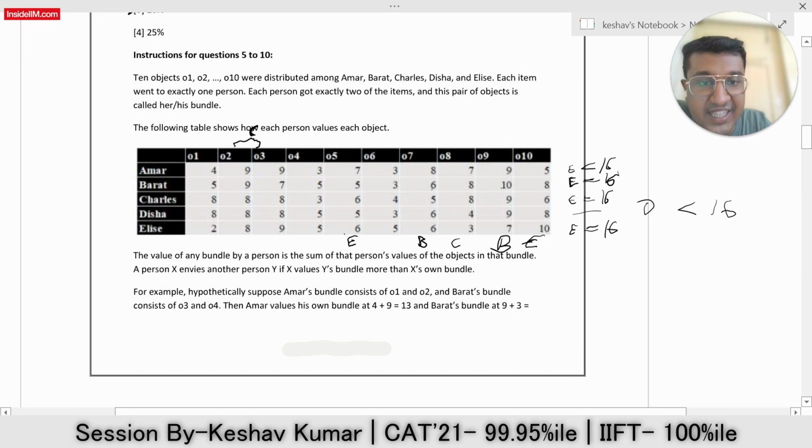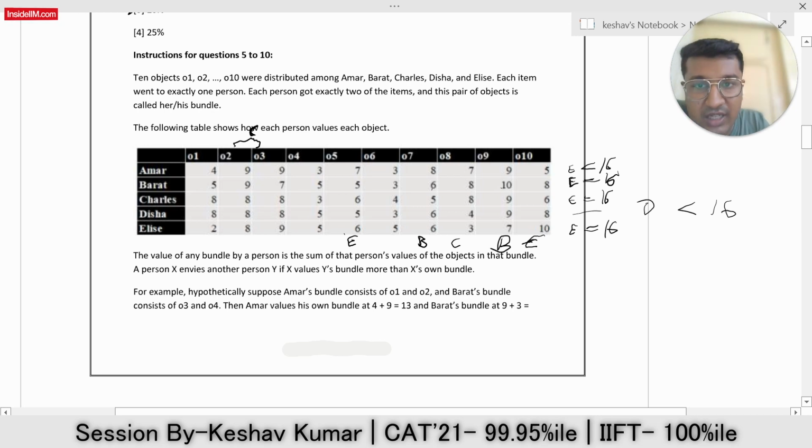Let's come on to Disha for once. See, for Disha to make her bundle an odd number, she must get one of O4 and O6 and one of these 3 bundles, O1 till O3. That's one piece of information I got for Disha.